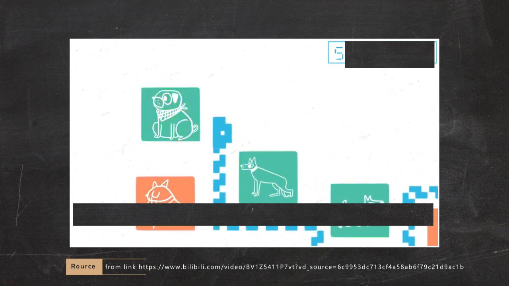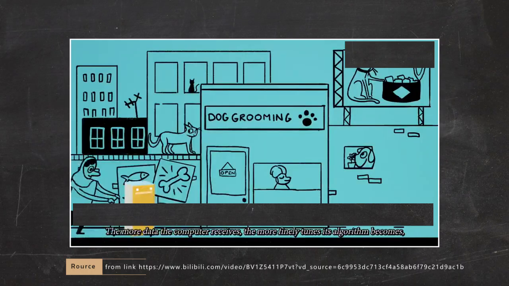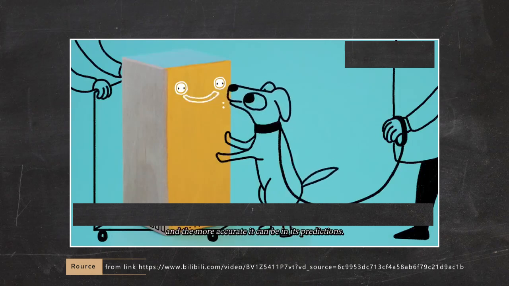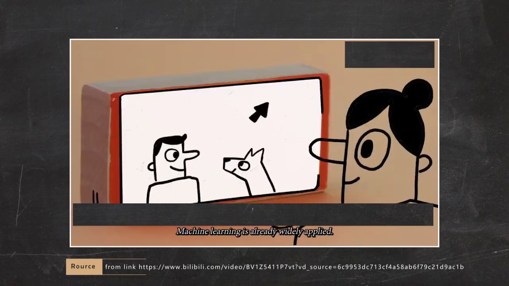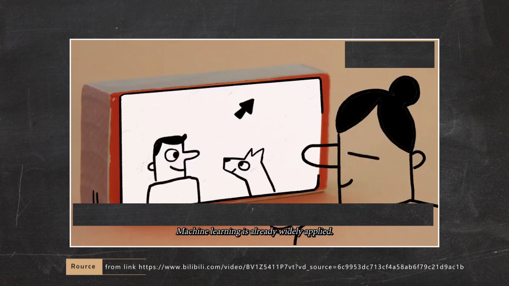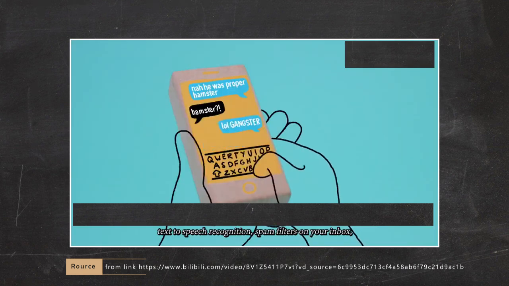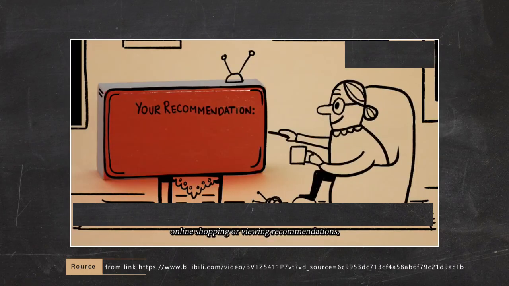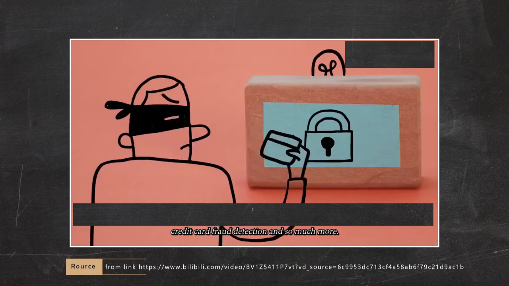But of course there can be mistakes. The more data the computer receives, the more finely tuned its algorithm becomes, and the more accurate it can be in its predictions. Machine learning is already widely applied. It's the technology behind facial recognition, text and speech recognition, spam filters on your inbox, online shopping or viewing recommendations, credit card fraud detection, and so much more.